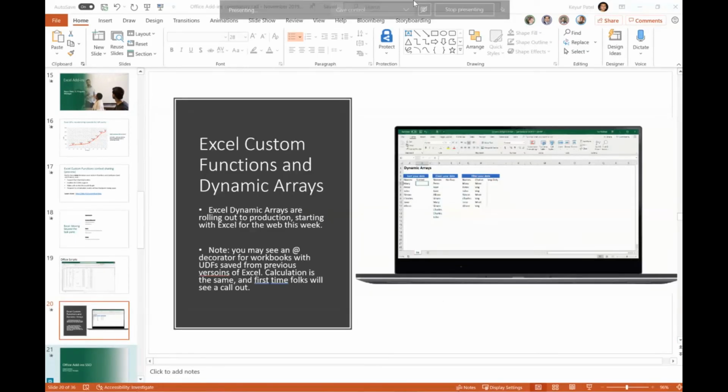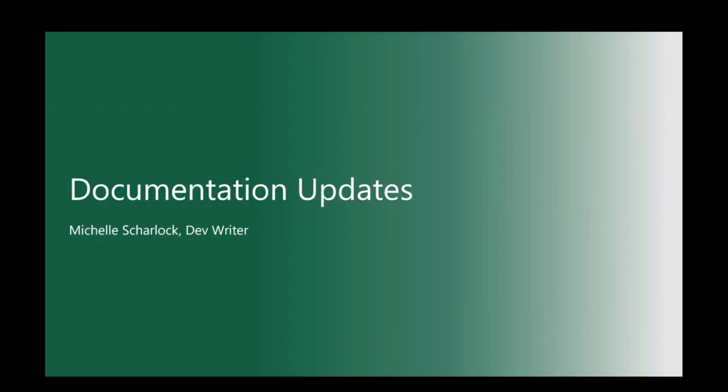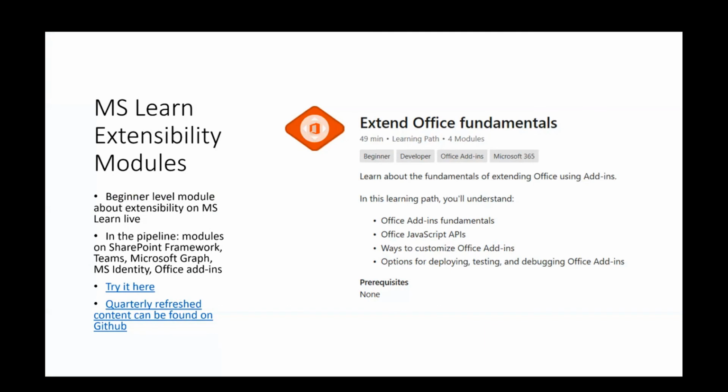So I think up next is Michelle. I'm going to give a couple updates of what documentation has been written, especially around Ignite. But first I wanted to start by talking about some new curriculum, I guess I would call it, that's come to MS Learn. If you're not familiar with MS Learn, it's a different learning platform besides Docs.